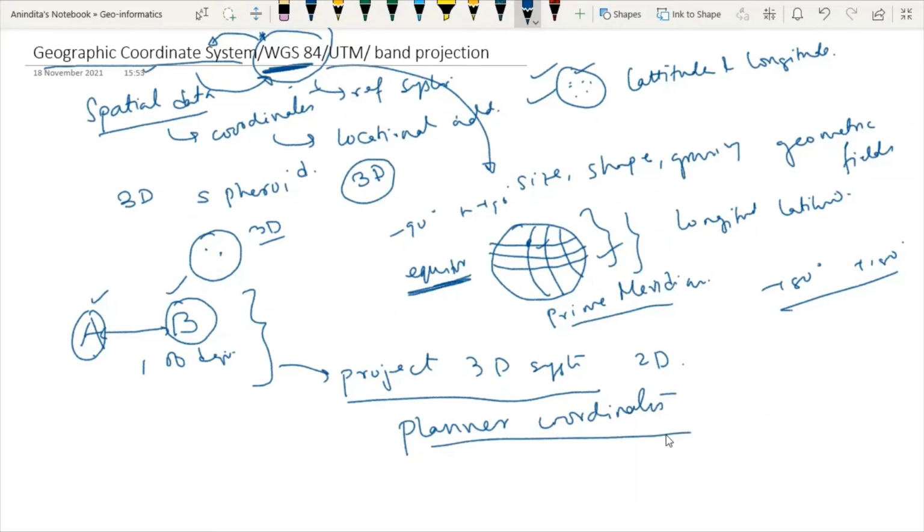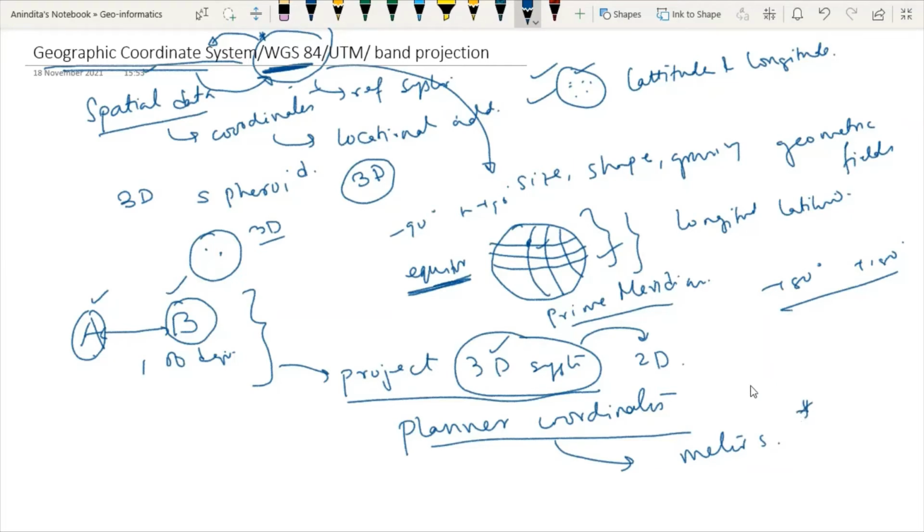Whenever we want to measure some distance between locations on the earth, the geographic coordinate system or the 3D coordinate system is not useful. So we need a projection from 3D to 2D, and these projections are known as planar coordinates, which are expressed in terms of meters. So this is the first concept that you have to keep in mind.